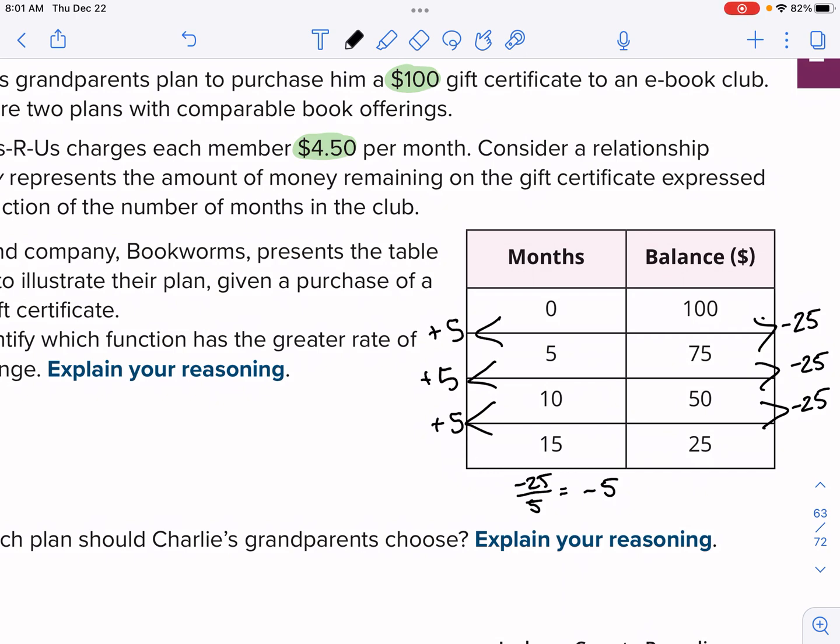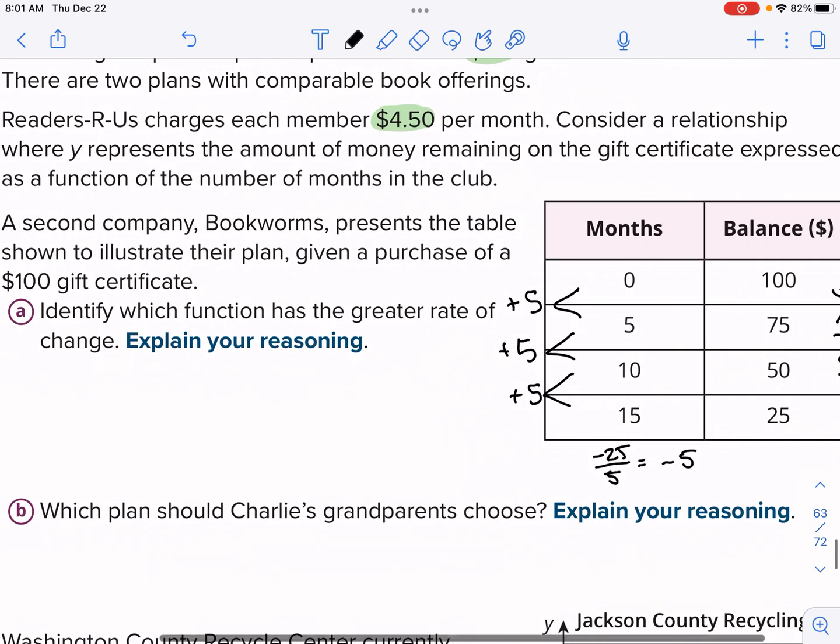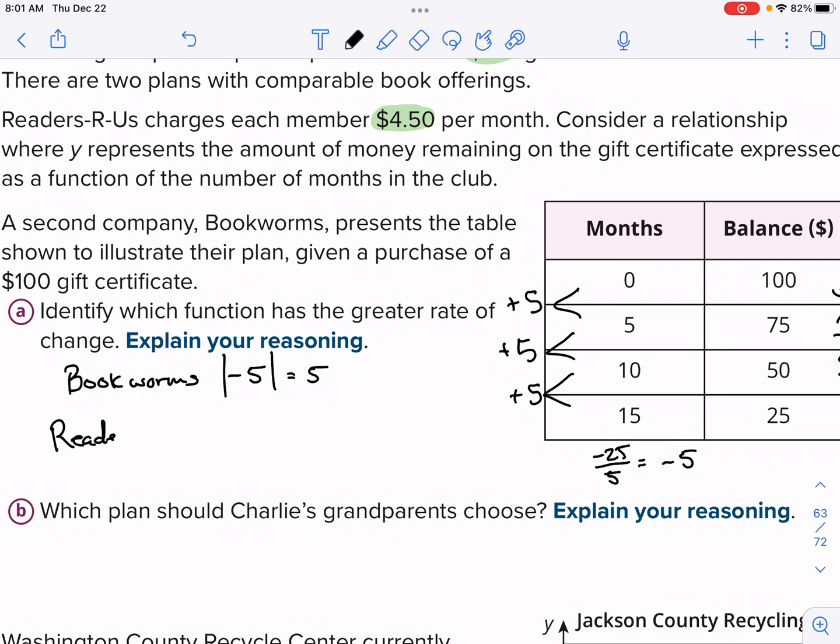So we'll just say for Bookworms the rate of change is -5, but we're going to say the absolute value of -5 is just 5, right? It makes everything positive. And then for Readers Are Us, that was $4.50, so we'll put -4.5.